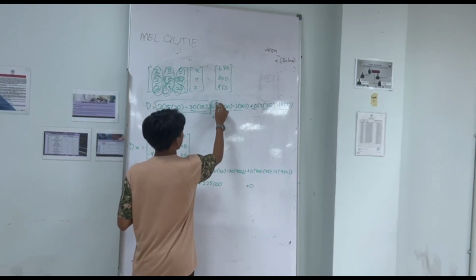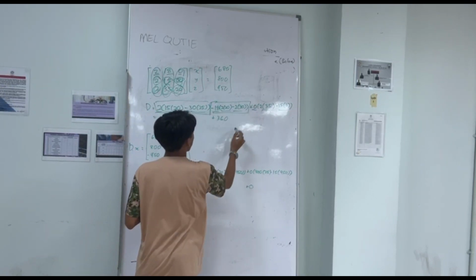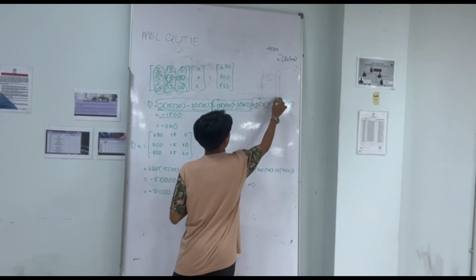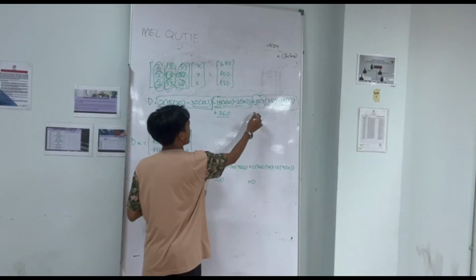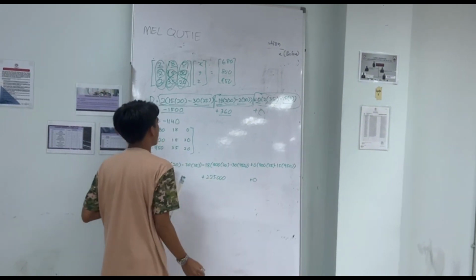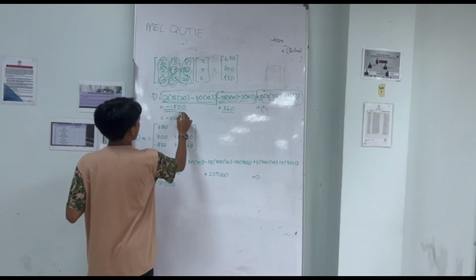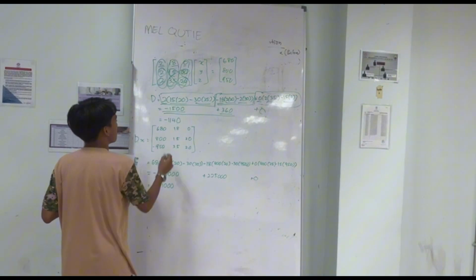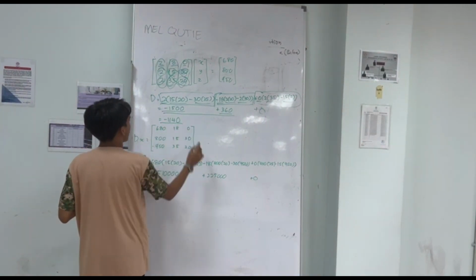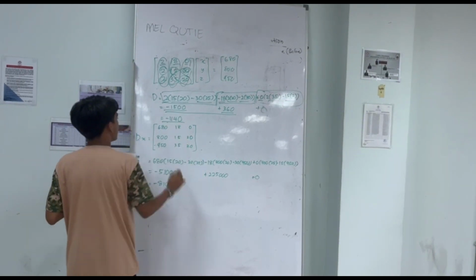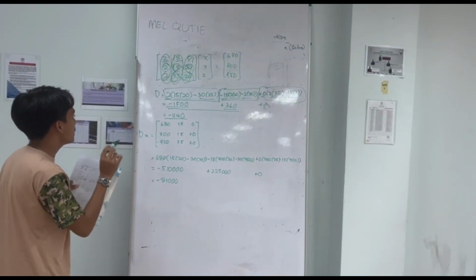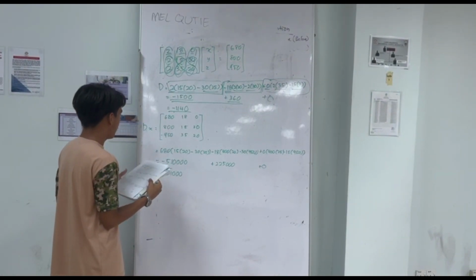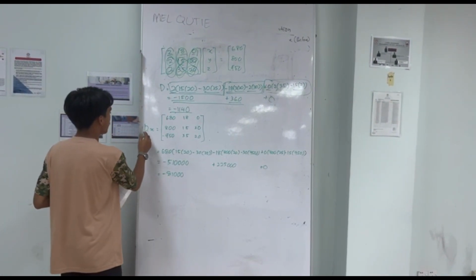Then we solve this part, we get 360. And solve this part, we get 0. Then we finish the problem, and for the determinant, we get minus 1140.